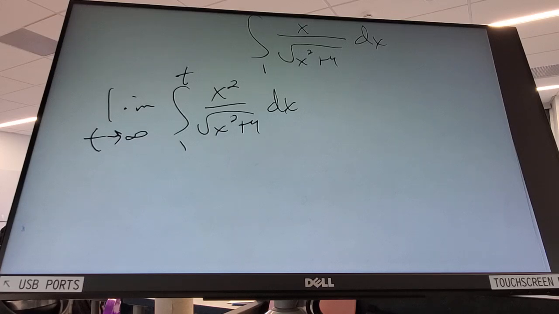Has anyone done the 11.3 homework yet? Would you agree with me? Yeah. There you go. Is that okay? So then you just have to know how to integrate that. So that would be a trig sub, and what would you let x equal? Tangent.